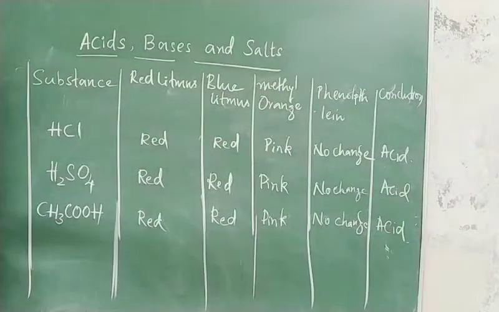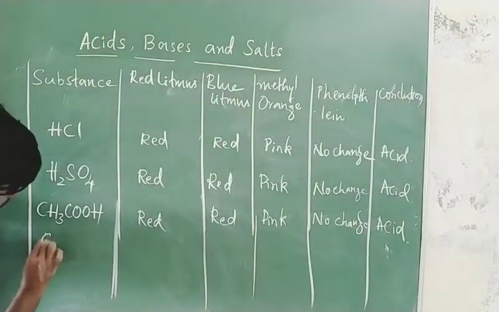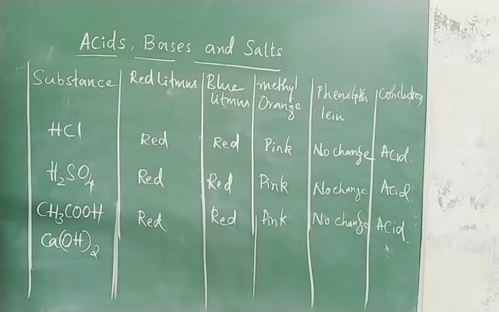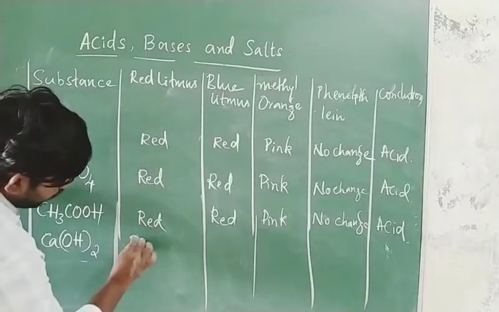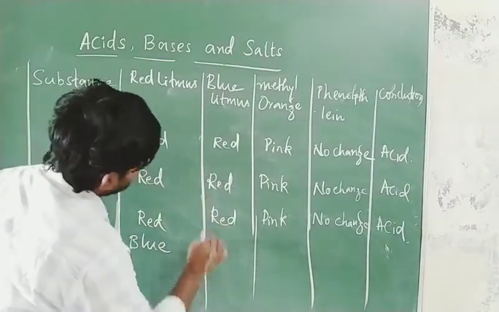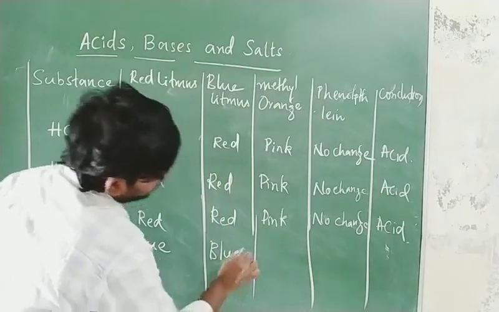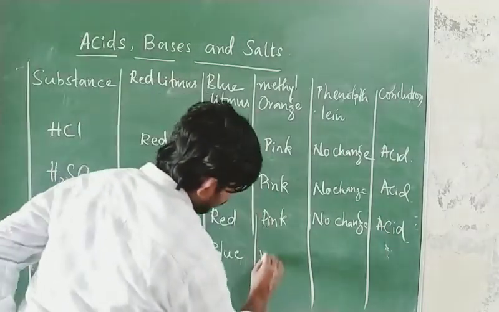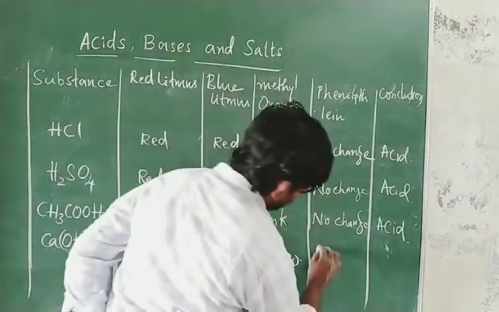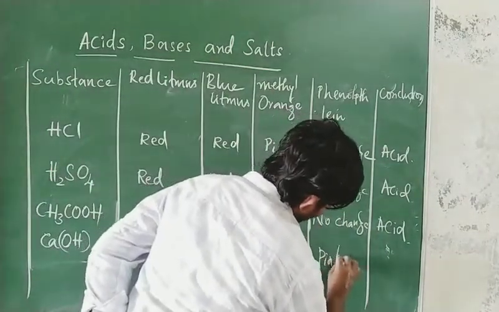Next, they gave one more thing: calcium hydroxide. Slaked lime solution is there, no? With slaked lime, red litmus turns into a blue color. If we add blue, it remains blue. Methyl orange will turn into a yellow color. Here the phenolphthalein indicator turns into a pink color.